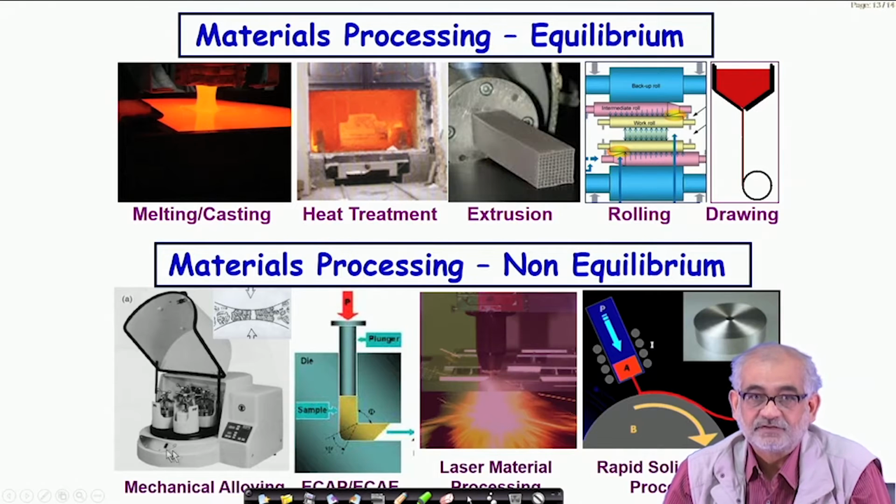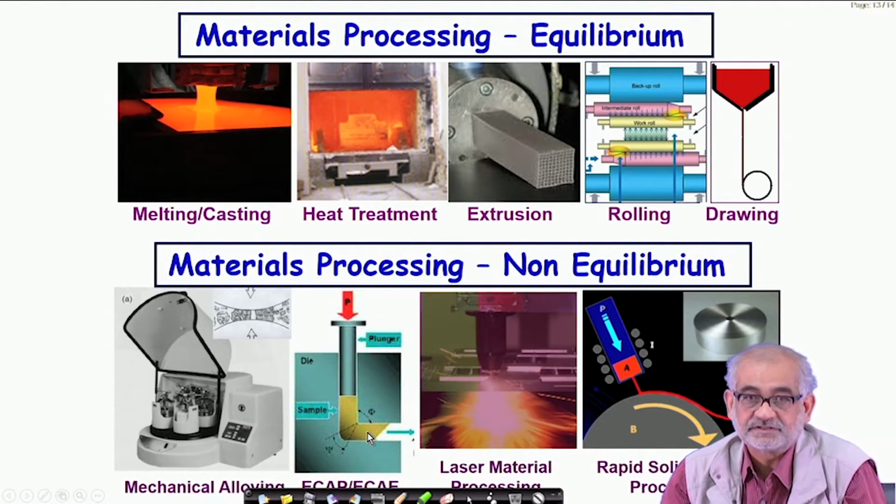For example, we can pack these vials and then mill at a very high RPM and end up converting elemental powders or elemental and compound powders together into a single powder mass of a different chemistry altogether. We can extrude with certain angularity and then end up creating a microstructure which is ultrafine in nature.